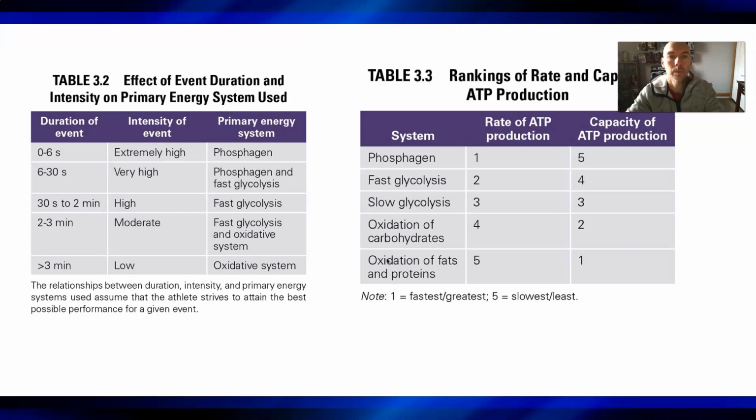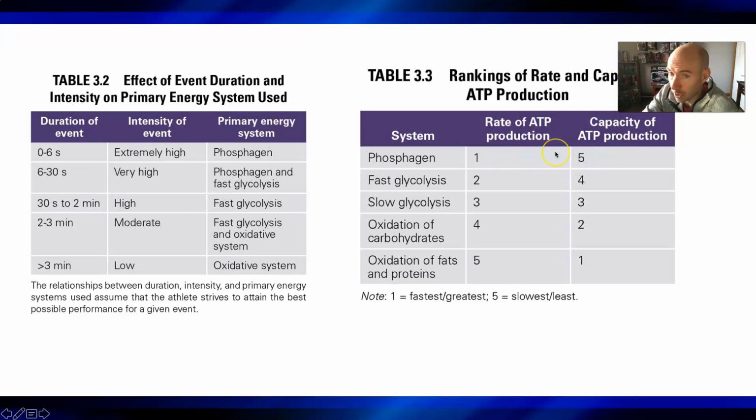Okay, so we already saw this chart, but it's a good one to revisit. And sort of the contrast with this chart here that shows the capacity and the speed with which these systems produce ATP, and they're also inversely related, much the way that we said this chart is inversely related, okay? So this is a ranking. In terms of the rate or the speed of production, the phosphagen system is the fastest, but it produces the lowest amount.